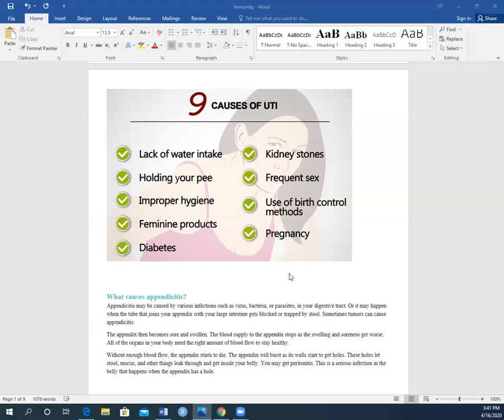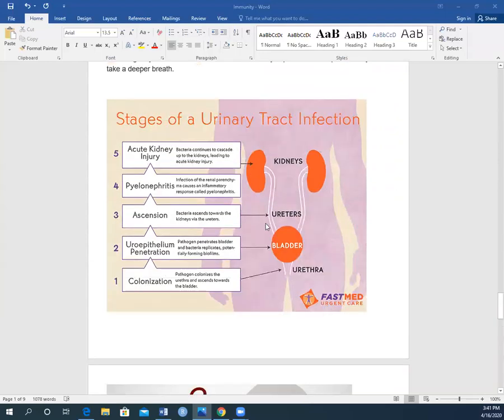Inflammatory response. Your inflammatory response in a healthy individual should be working fine. This can cause problems though when you look up here and you see that you have the ascension where you have the bacteria getting into the ureters. If you have too much inflammation here, you can basically close off the ureters and the urine can't get from the kidneys down to the bladder to be expelled.